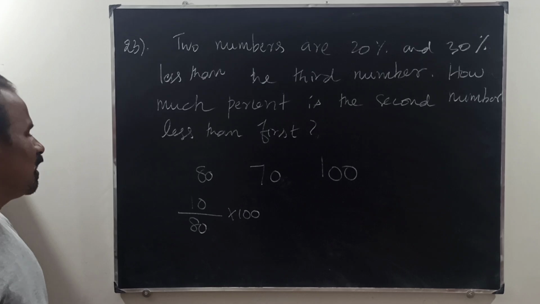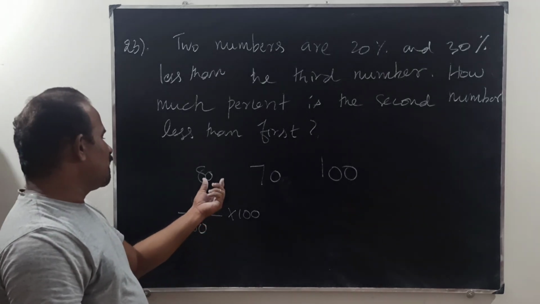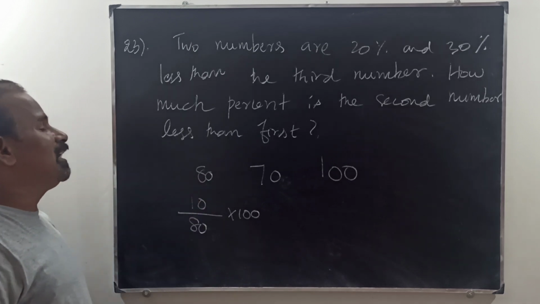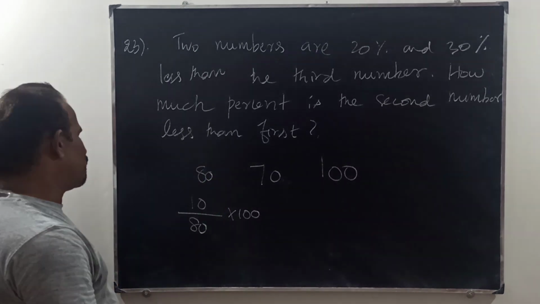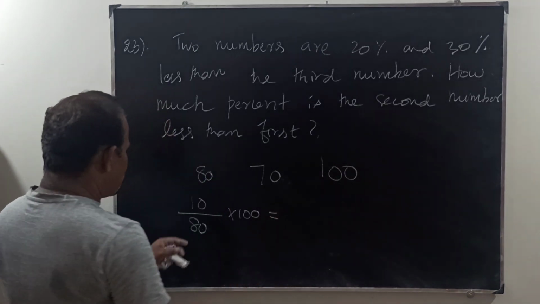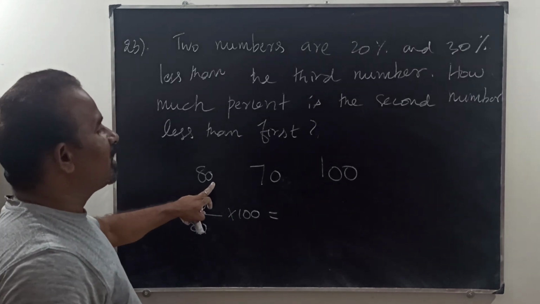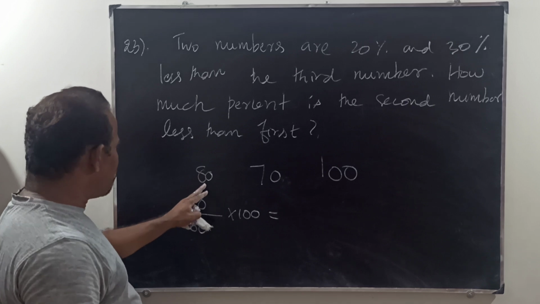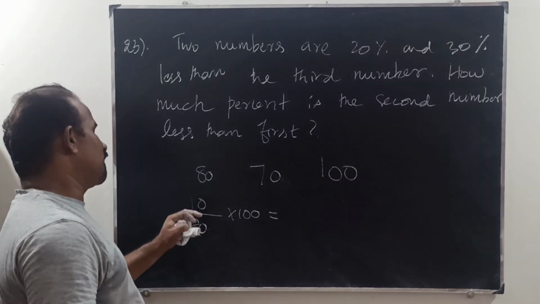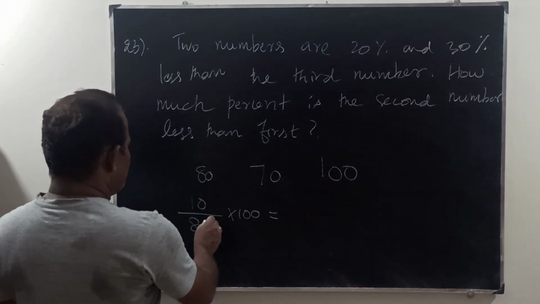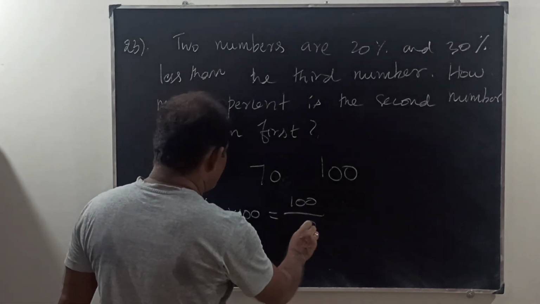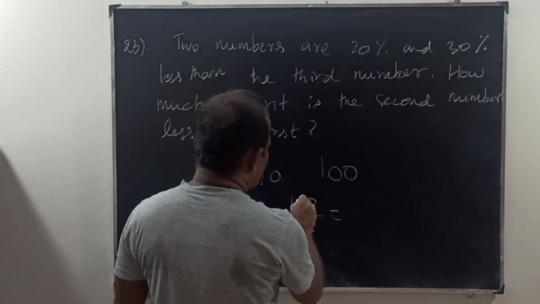Subtracting this 10 from 80, 80 minus 70 is 10. Only then will we be getting 70. So out of 80, this 0 cancels, therefore 100 divided by 8 is equal to 12.5.